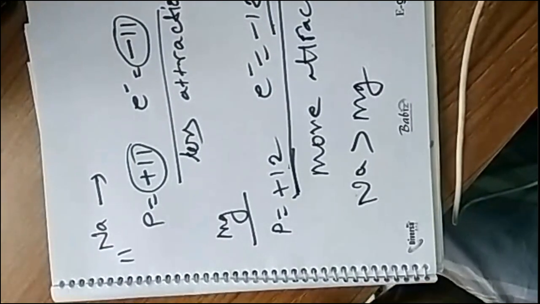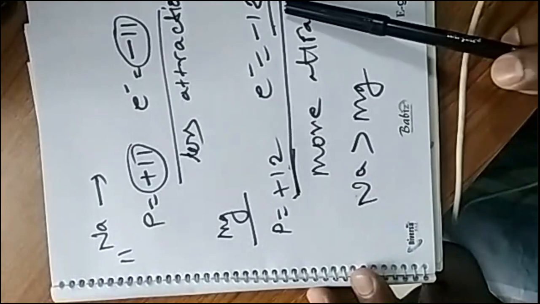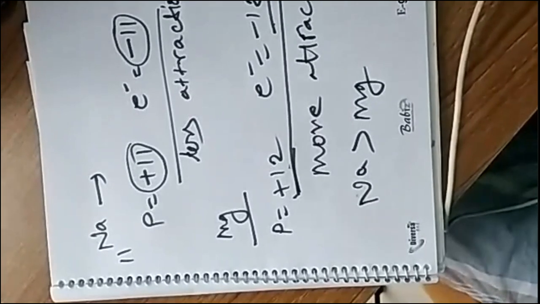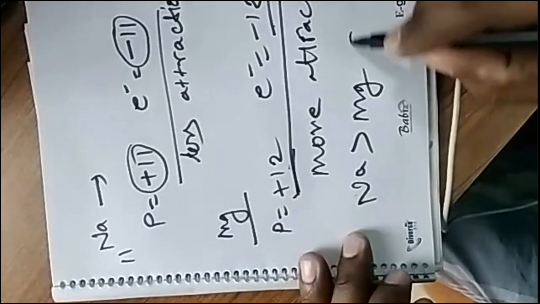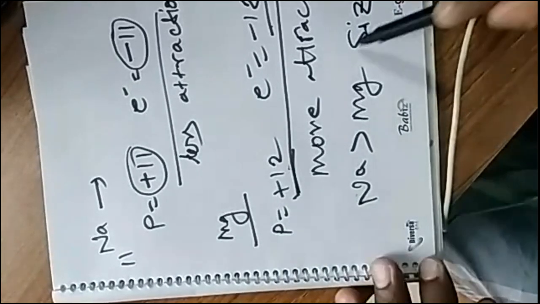We can say the atomic size decreases along a period when we go from left to right, because more protons and more electrons mean more attraction, and more attraction means they come close to each other. That's why its size will be small. We are talking in terms of atomic size.